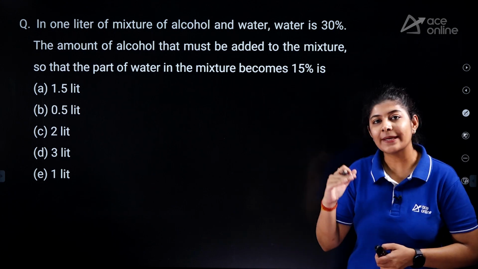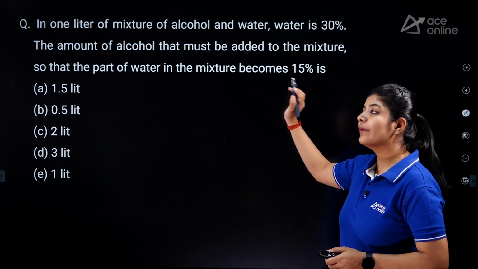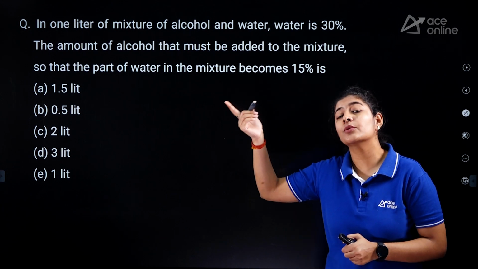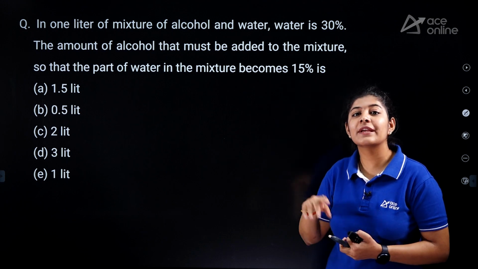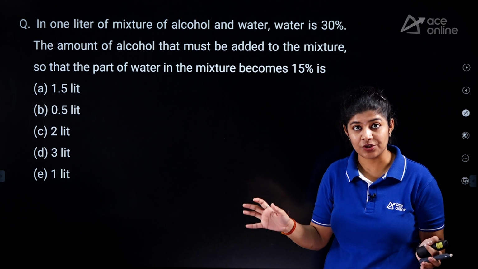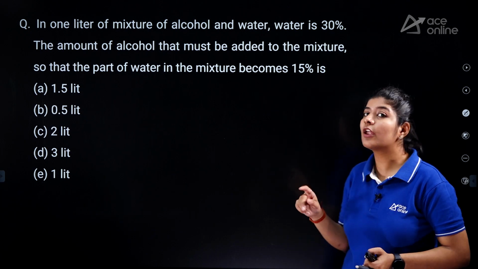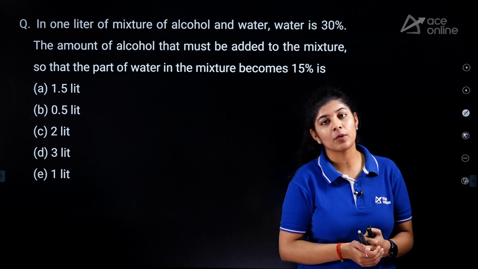Just go one by one, and what you have to add is the amount of alcohol only. You are not increasing the water level, or you are not going to add water in the mixture. You only have to add the alcohol. So please take care of this point while solving the problem.